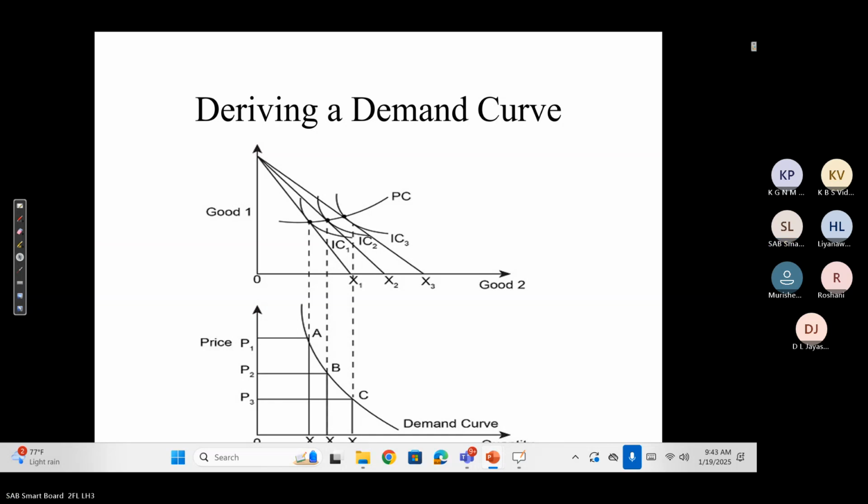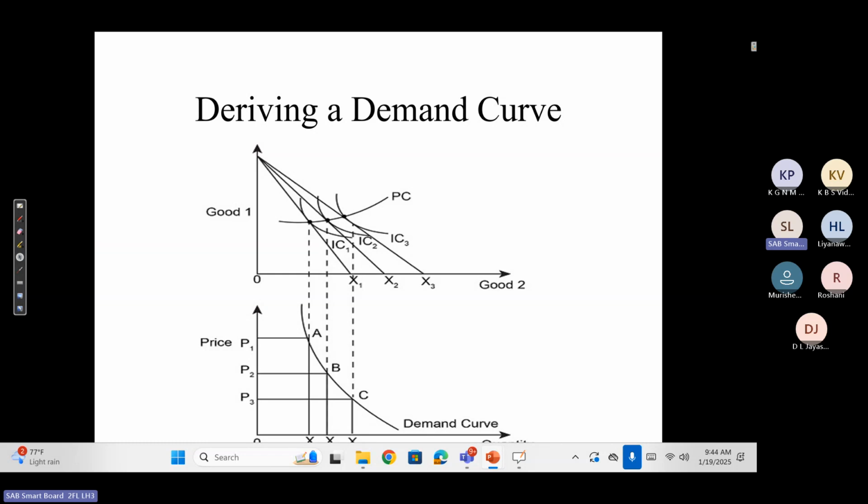Money income does not change, but real income increases due to the decline in the price of the product, so we demand more of the product. Those quantities are explained by X1, X2, X3.